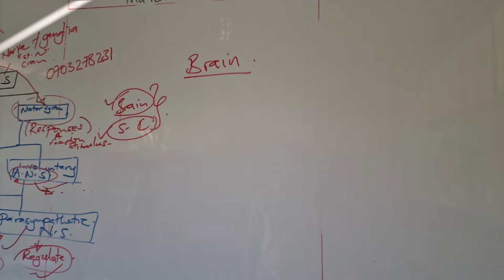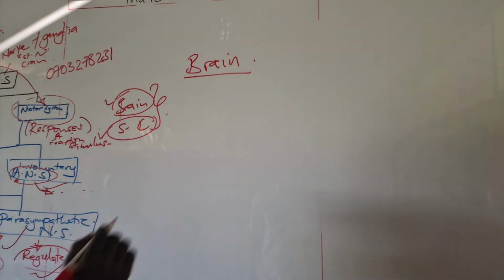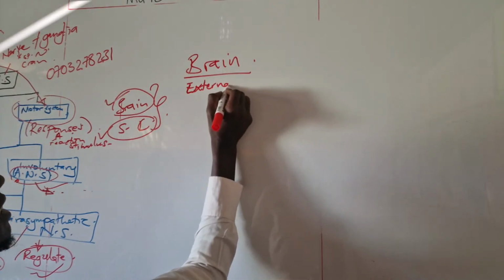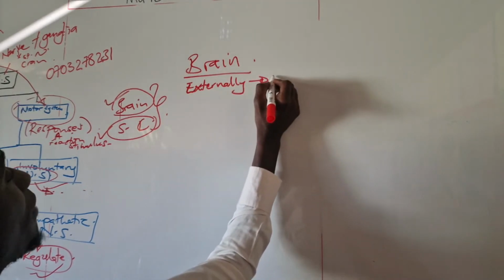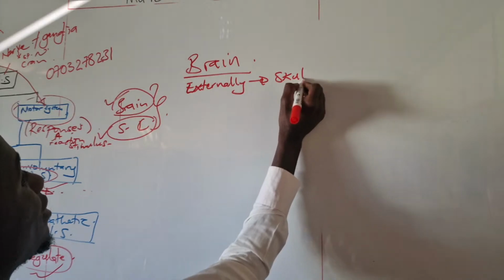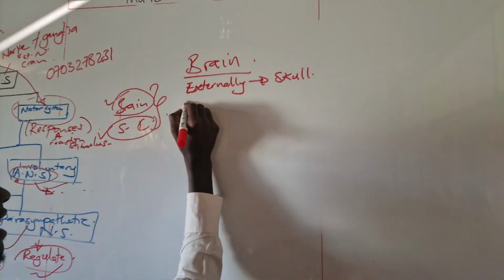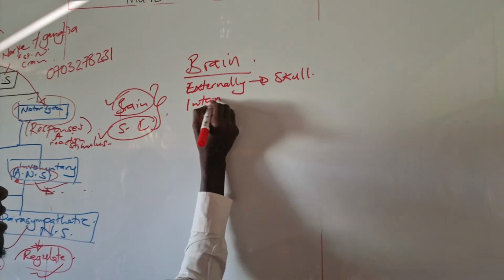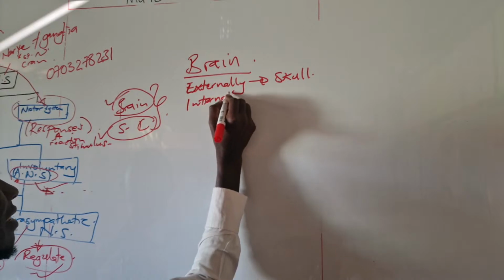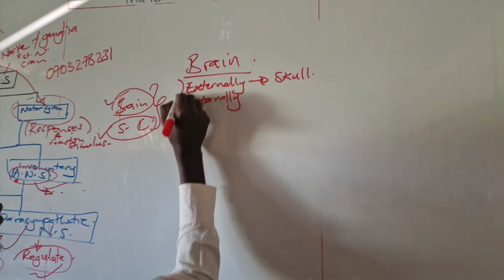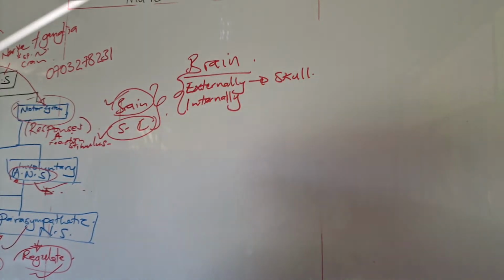The brain is protected externally by the skull, or the cranium, and internally by the meninges. When we talk of protection, it is about mechanical contact with the brain.